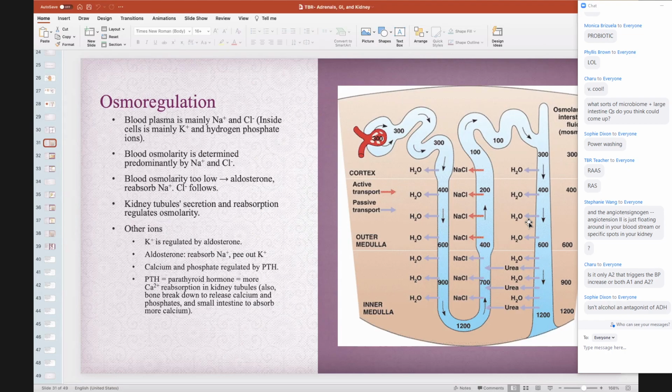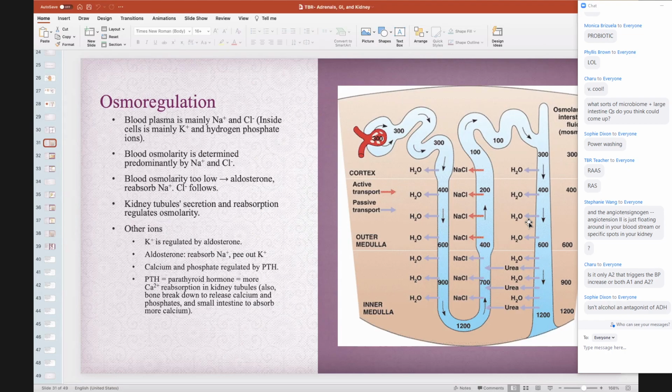The osmoregulation, how much solute is dissolved in the blood, can be altered by the kidneys. If we want less solutes in the blood, we'll just pee it out. If we want more solute in the blood, we'll just reabsorb it at the kidney level and not pee it out.